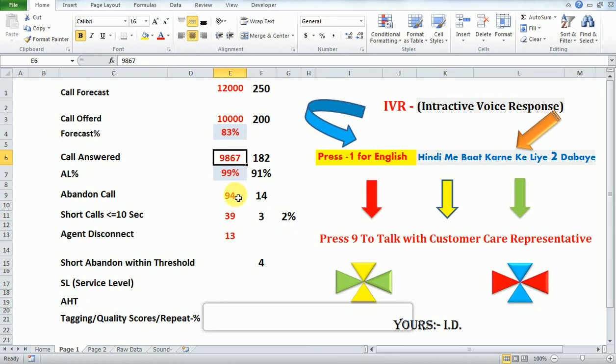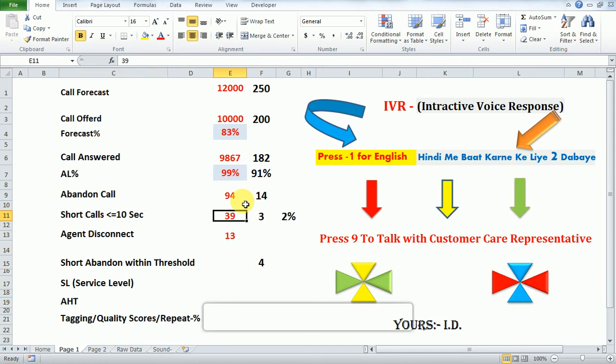So 9,867 calls were answered, and 94 calls were abandoned. And 39 calls were also abandoned, but these were abandoned within a threshold time. It will also be calculated for your SL management. So short abandon means the calls which have been abandoned within the threshold time.